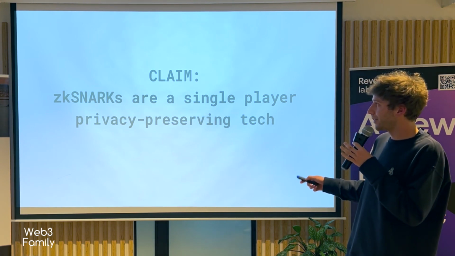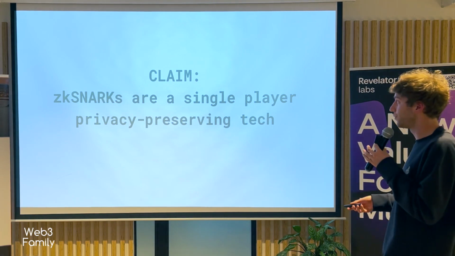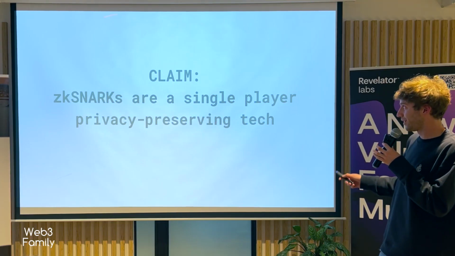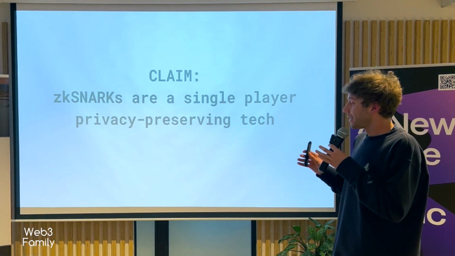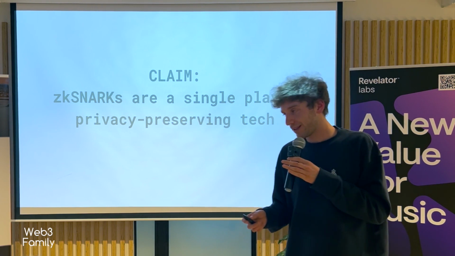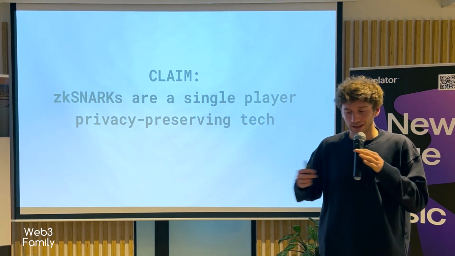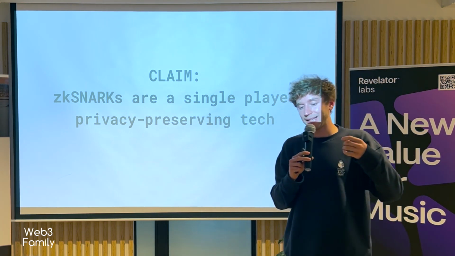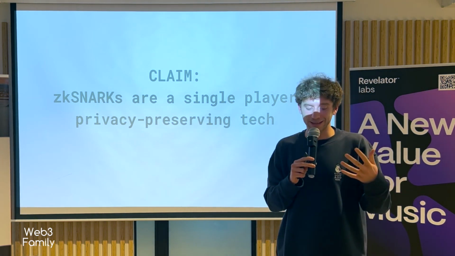But we actually realized something while trying to brute-force a solution. We realized that ZK snarks are a single-player privacy-preserving technology. ZK snarks work when there's a party that has a set of data, and they want to perform some computation on top of this data, and they also probably want to hide a part of this data.